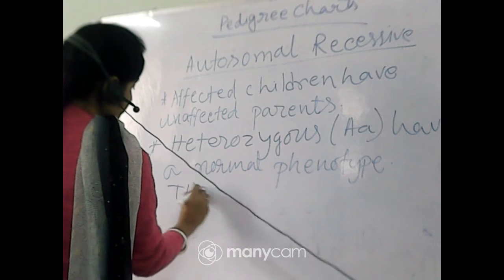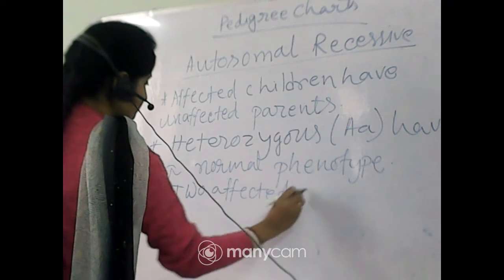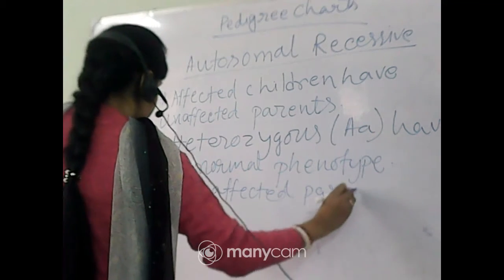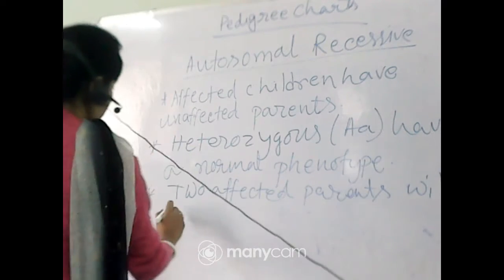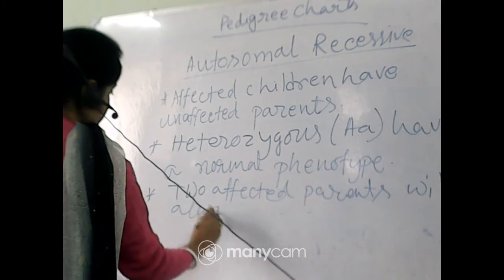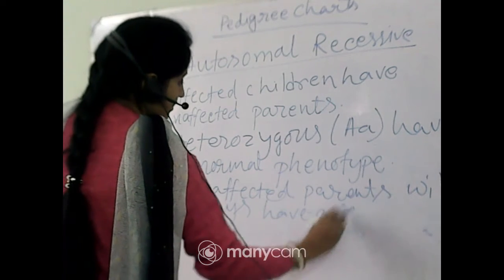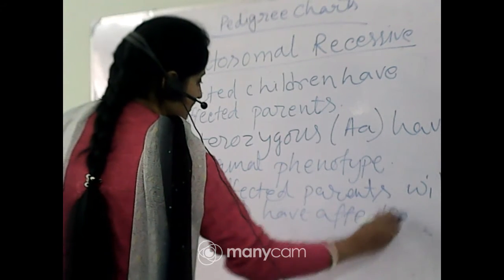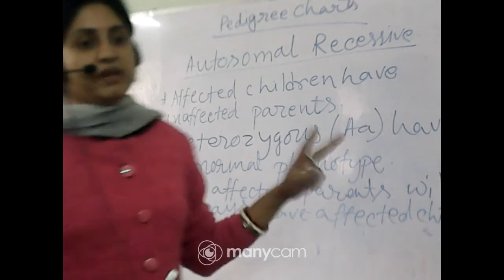Two affected parents will always have affected children. As this one is recessive, both parents must be affected.